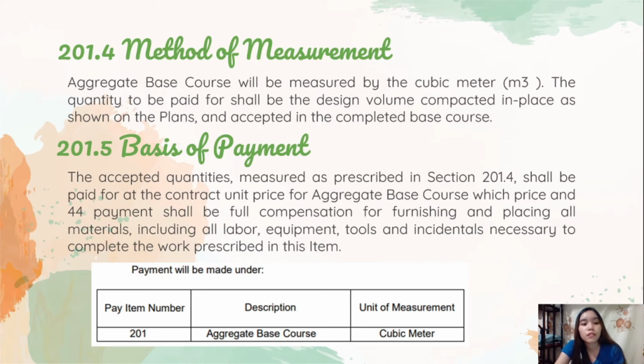So the basis of payment, then the accepted quantities measured as prescribed in section 201.4 shall be paid for at the contract unit price for aggregate base course, which price and payment shall be full compensation for furnishing and placing all materials, including all labor, equipment, tools, and incidentals necessary to complete the work prescribed in this item.